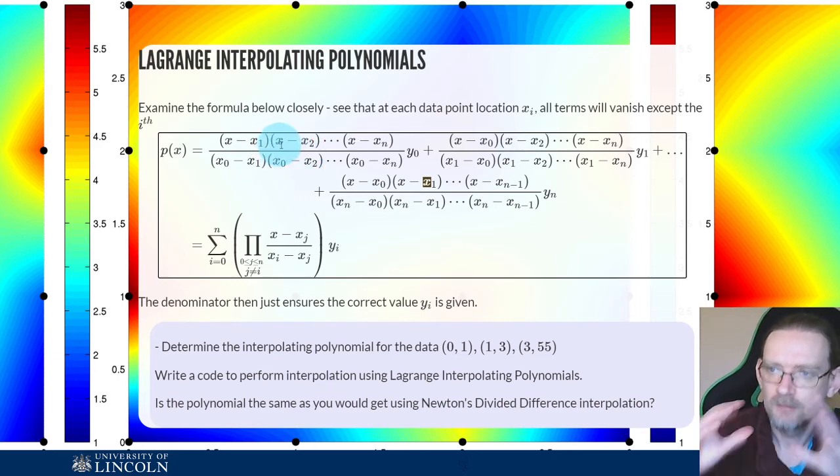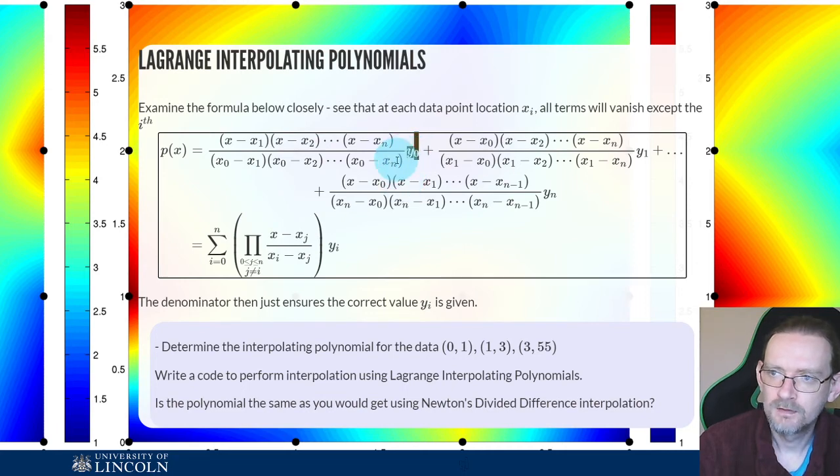And then we write out the quotient of the two polynomials in such a way that when x is equal to x0, so the value that pairs up with that y0, this pair of polynomials will be the same, and this top and bottom will cancel and you're just left with y0. But all the other terms will include a factor of 0 and will disappear.